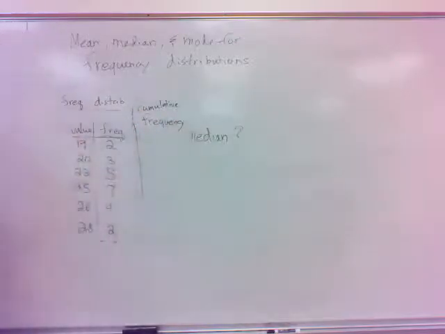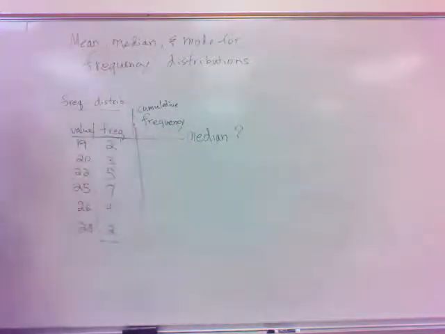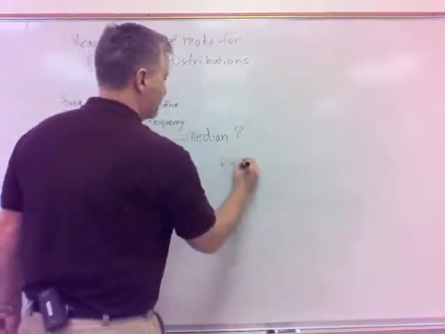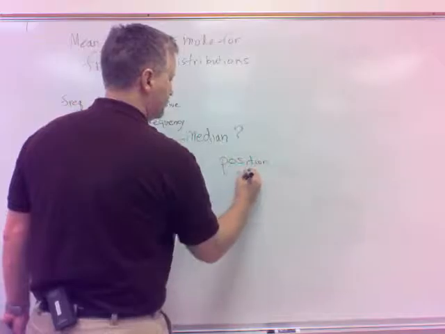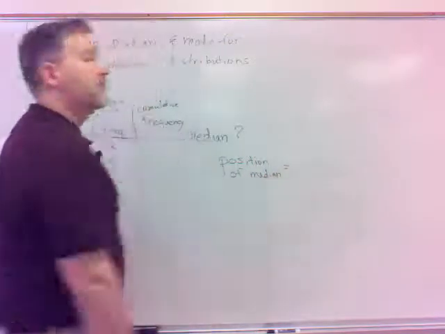Okay, we'll get to that one. We are going to do the position formula. Yeah, we do need the position of the median first. That'll tell me where it is.